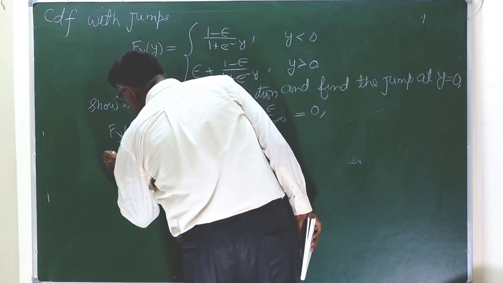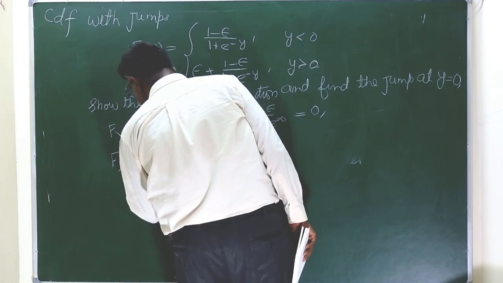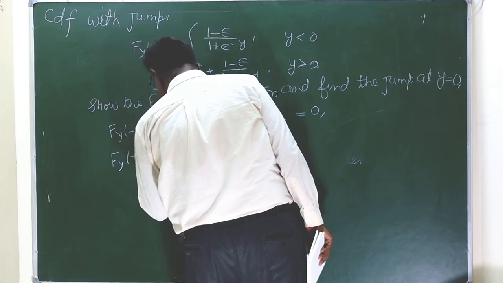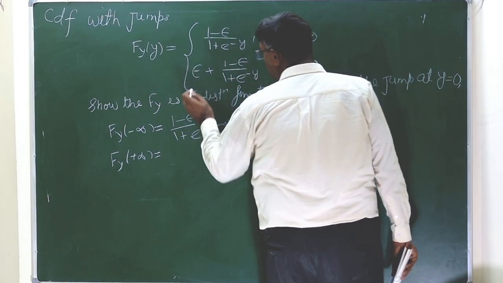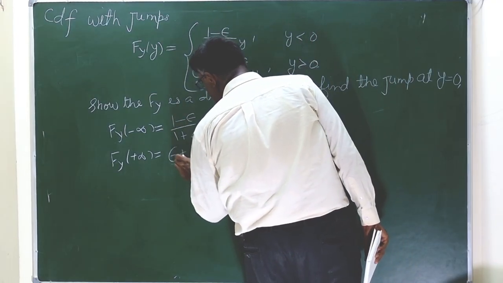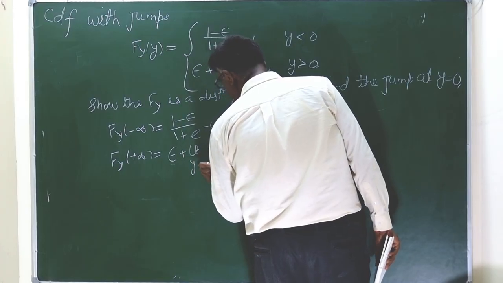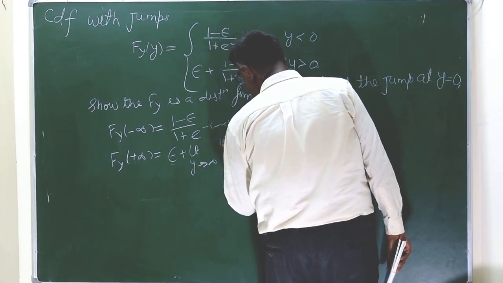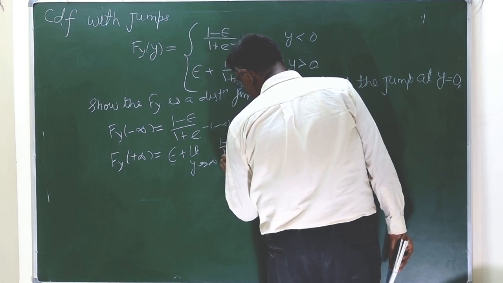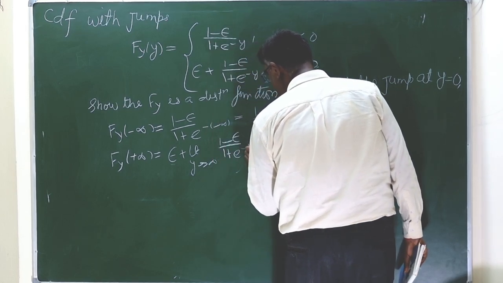Now let's check the value of F(y) at plus infinity. We are given the distribution function as the limit as y tends to infinity of epsilon plus (1 minus epsilon) upon (1 plus e to the power minus y).